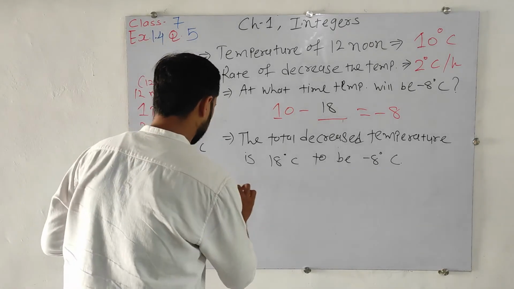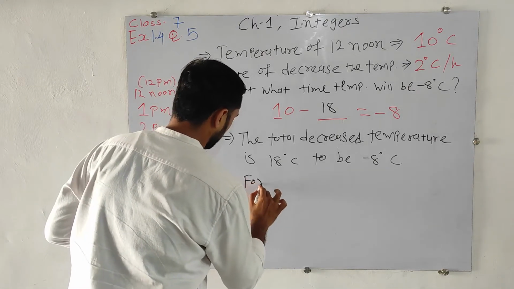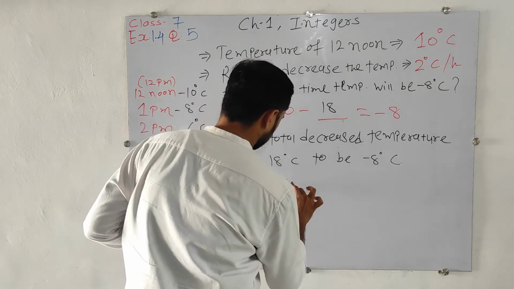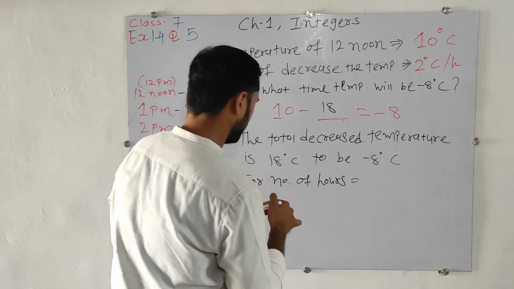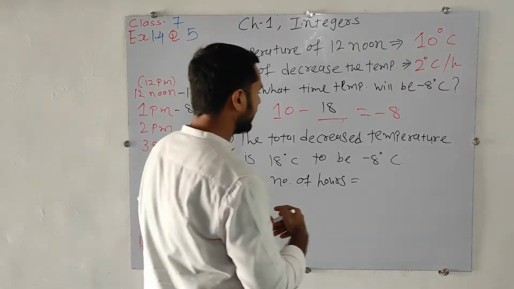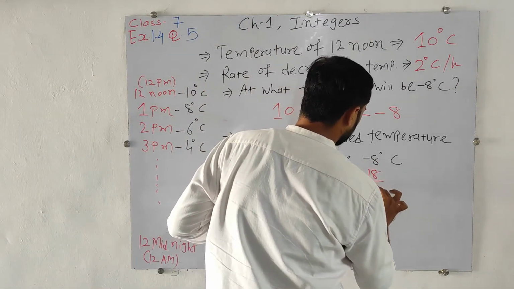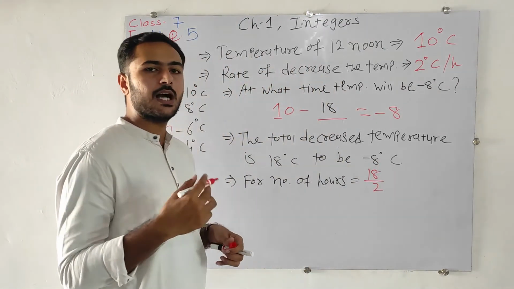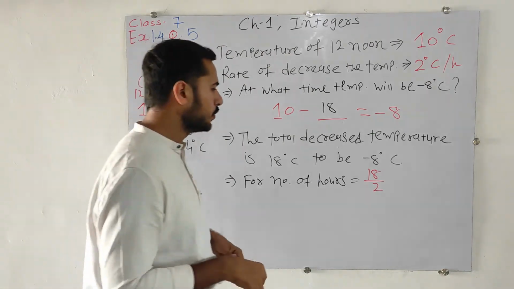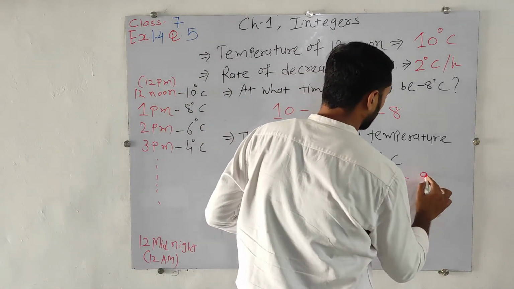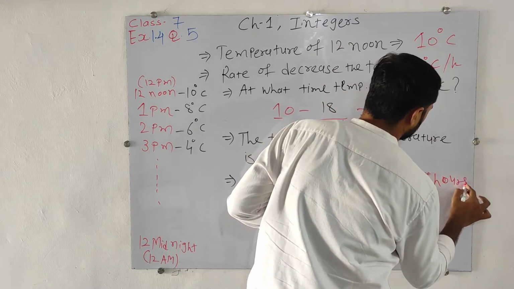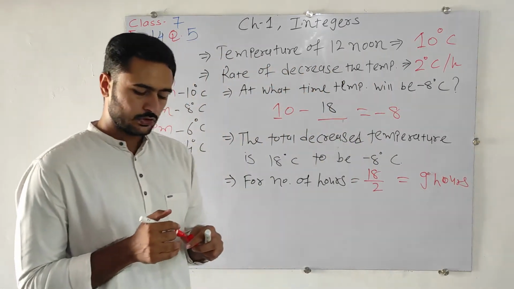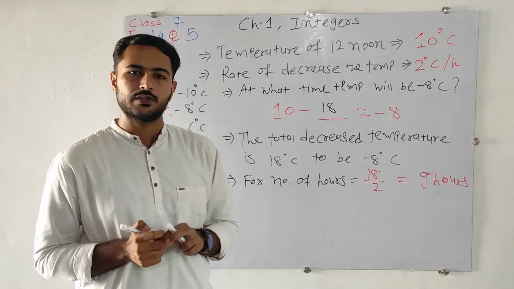So for the number of hours, I can write 18 divided by 2, because after each and every hour it decreases by 2 degrees Celsius. Here 18 by 2 is 9 hours. Okay, so it took a total of 9 hours.